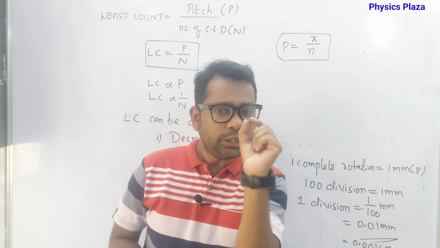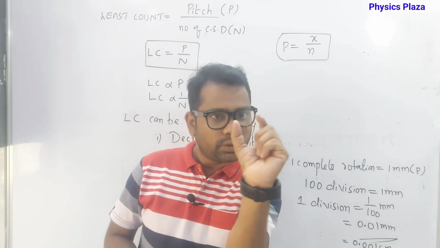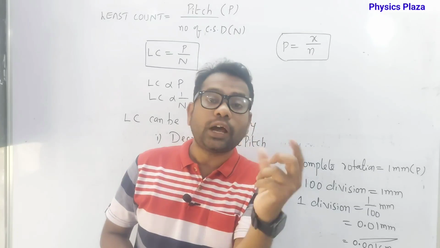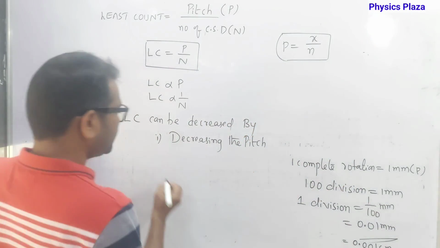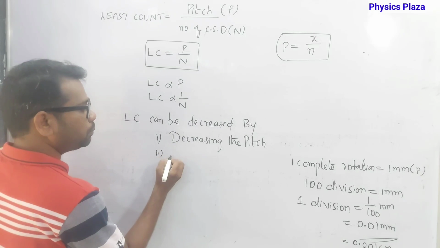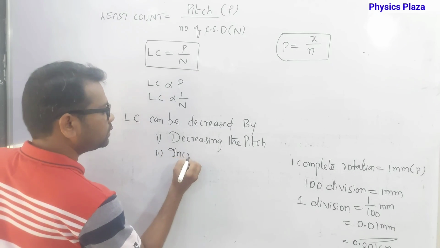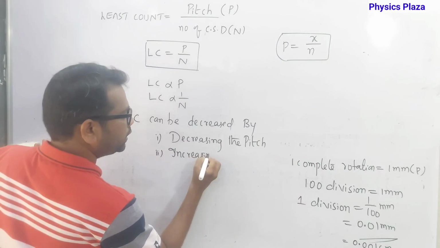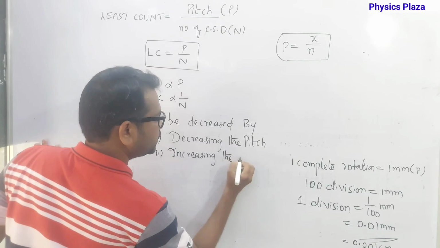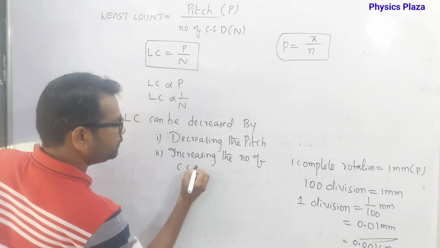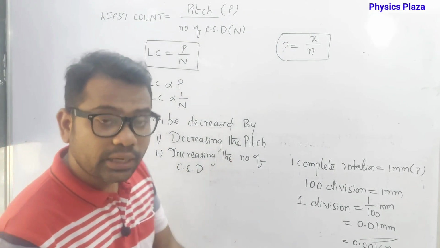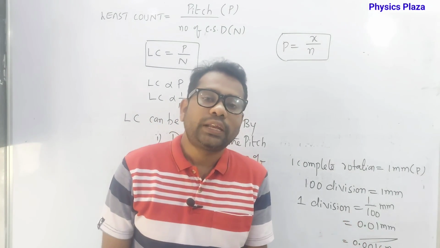The distance between two successive threads should be decreased. Then automatically the least count will be decreased. And the second one, children, by increasing the number of circular scale divisions. By increasing the number of circular scale divisions also we can decrease the least count.